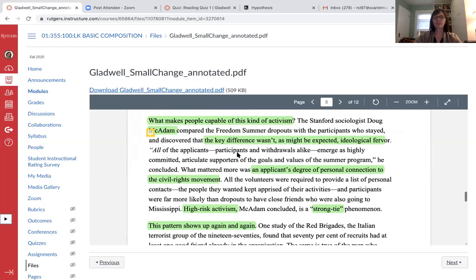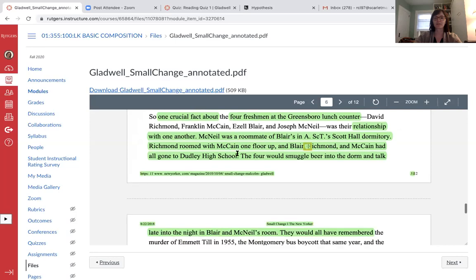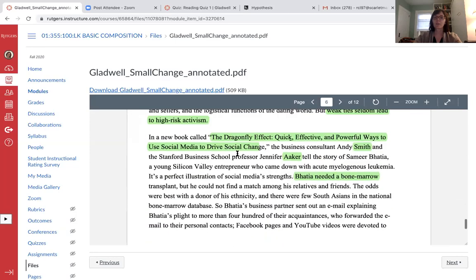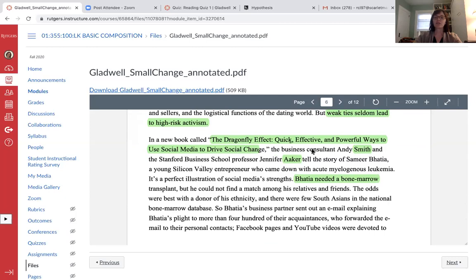We scroll further down and we get a couple more examples of digital evangelists later in the article. When we get to Smith and Aaker, the title of their book clues us in that they're digital evangelists. Any good title is going to be basically a compressed version of the writer's thesis or argument.